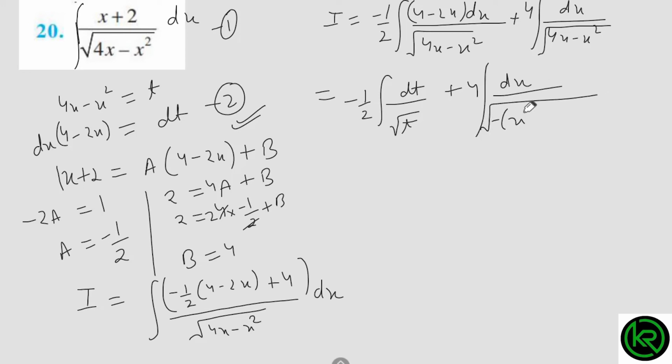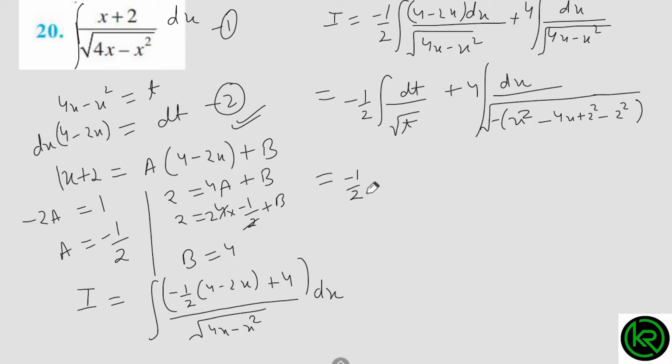Okay, and here we will complete our square. Minus we will take common because we have to make the x square coefficient 1, so we will take minus common, and x square it will become minus 4x. Okay, and here students x coefficient is minus 4, so minus 4 divided by 2 you will get 2, so add 2 square and subtract also, so we can complete now.